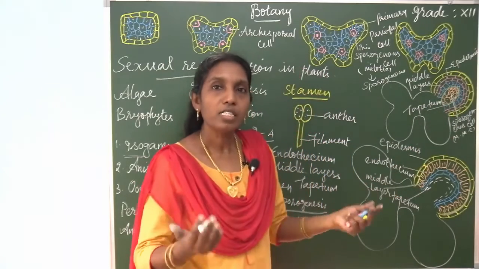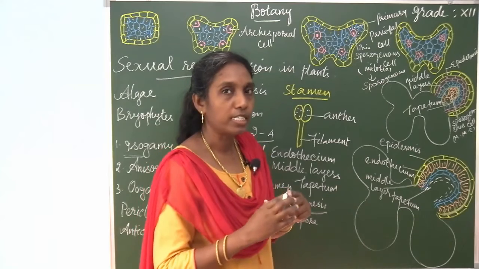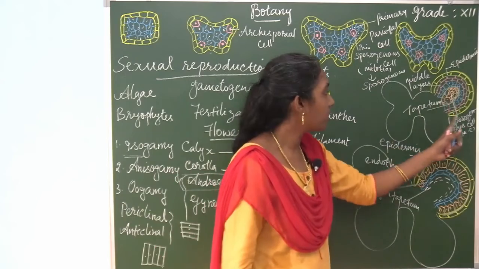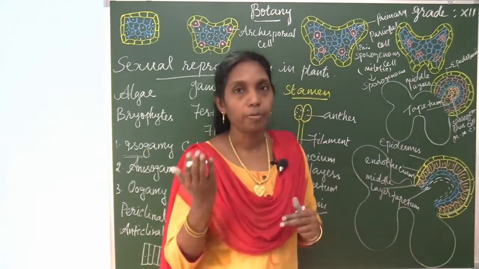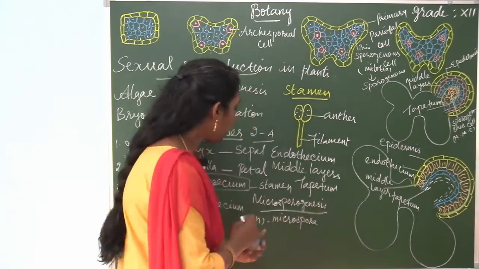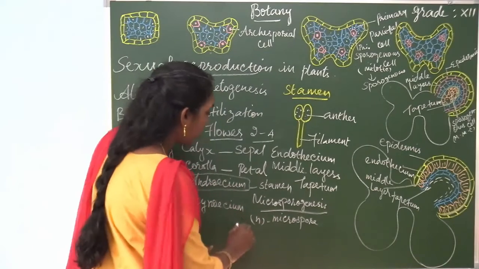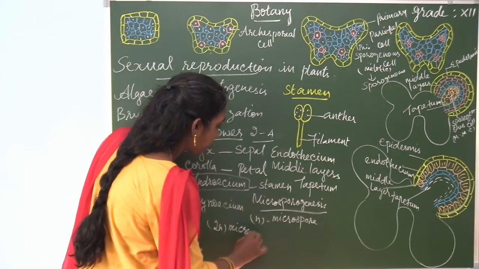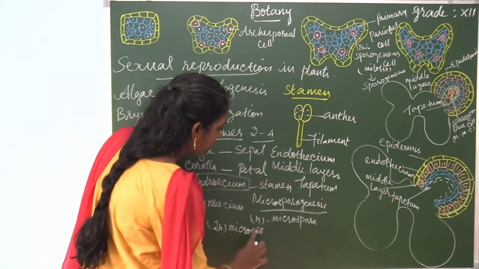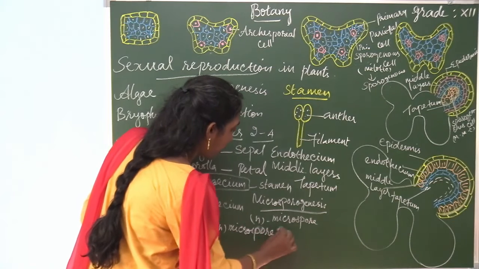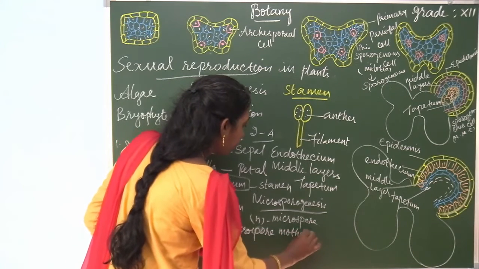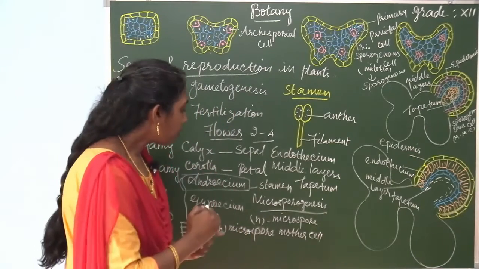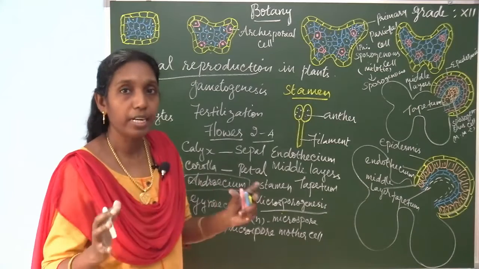Now, in the last generation of sporogenous tissue, there are a number of stages. The last generation of sporogenous tissue becomes the microspore mother cell. This microspore mother cell is diploid, 2N. The microspore mother cell undergoes meiotic division.